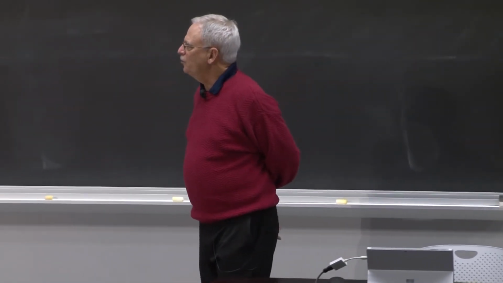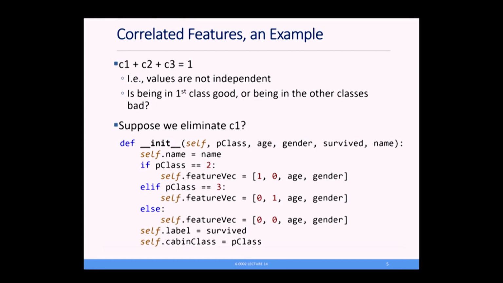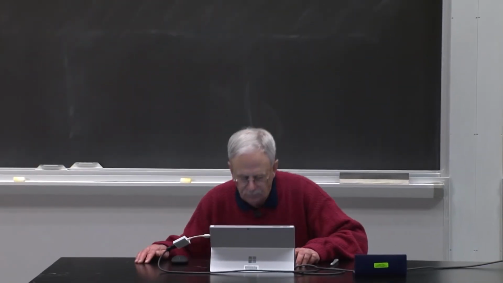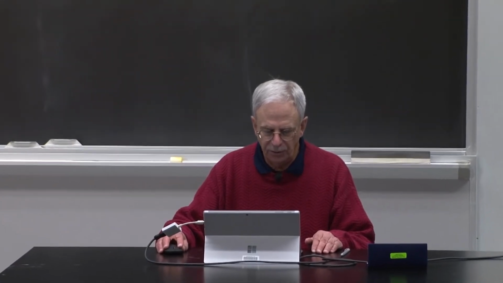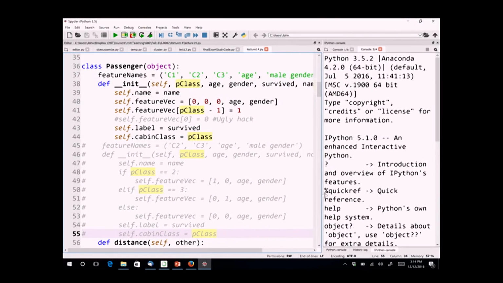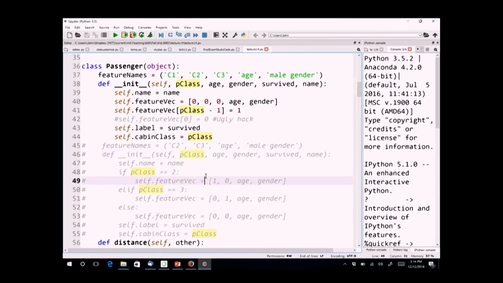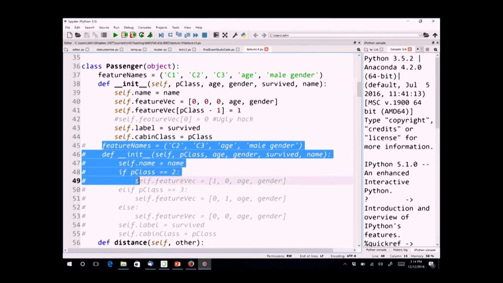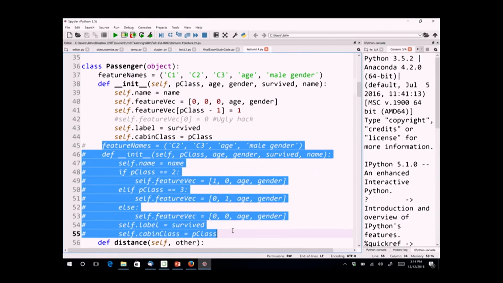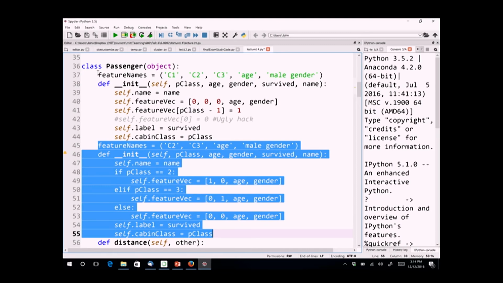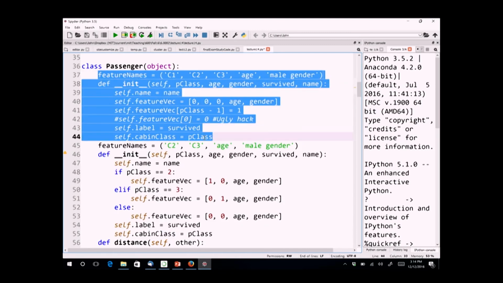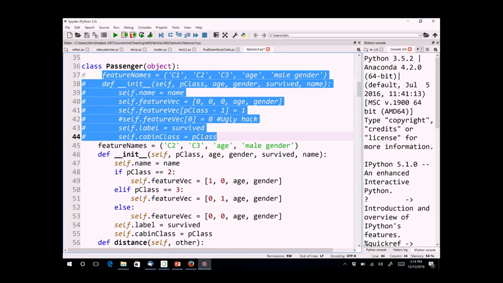So I did that by changing the init method of class passenger. Takes the same arguments, but well, we'll look at the code because it's a little bit clearer there. So there was the original one, and I'm going to replace that by this. Comment out the original one. So what you see is that instead of having 5 features, I now have 4.